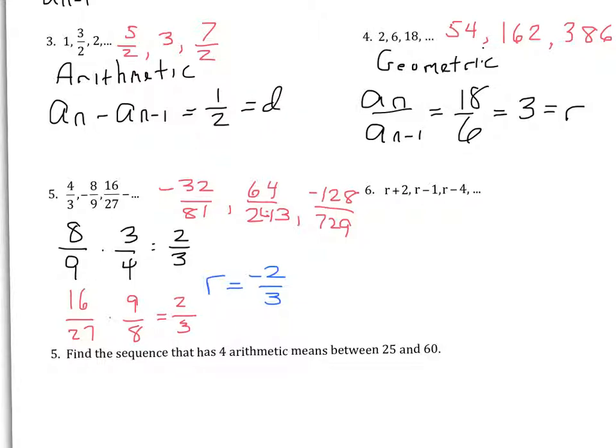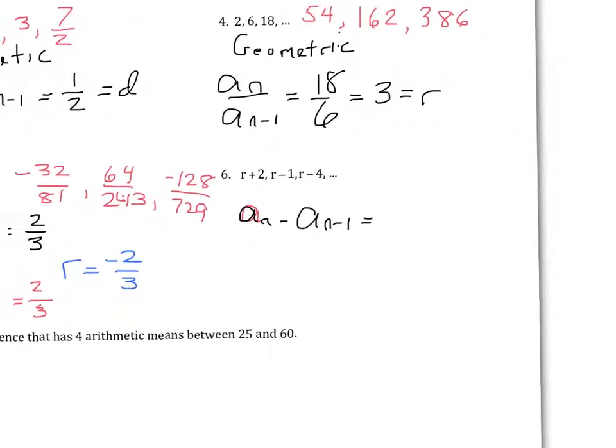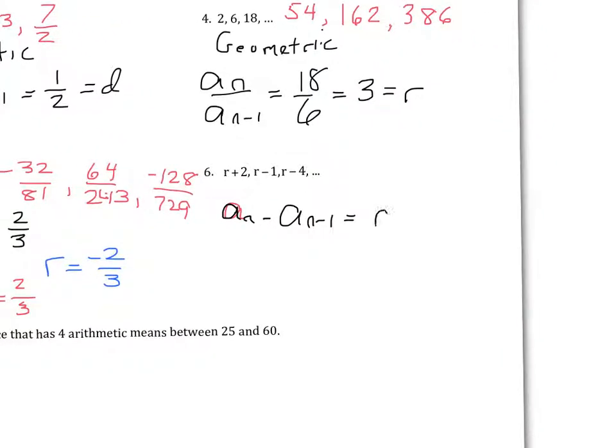If you take your a sub n minus your a sub n minus 1 term, that's r minus 1 minus the r plus 2.